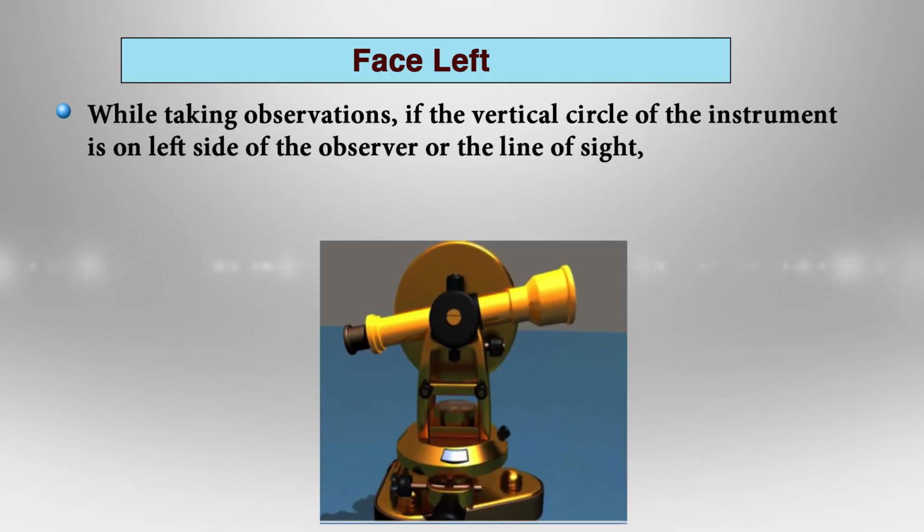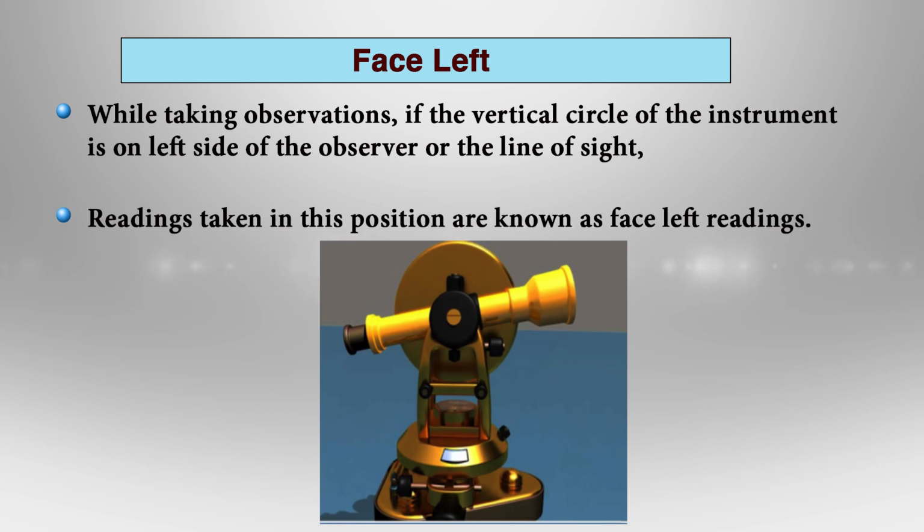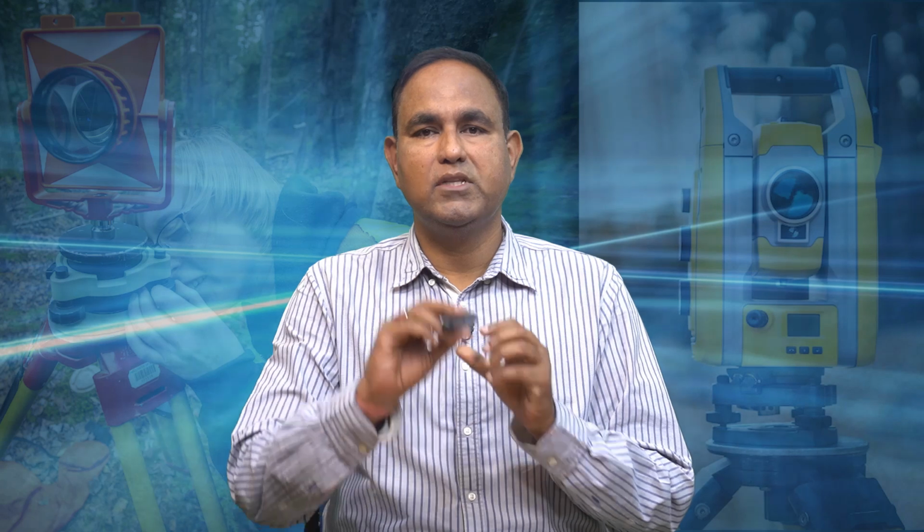While taking observation, if the vertical circle of the instrument is on the left side of the observer, the instrument is said to be face left, and the readings taken in this position are called face left readings. Consider this to be the telescope and this to be the vertical circle.